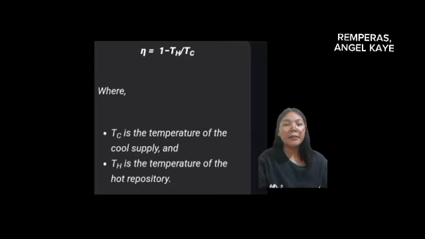The Carnot cycle can be represented on a temperature-entropy graph as a closed cycle. The efficiency of the Carnot cycle is determined by the equation n equals 1 minus Tc divided by Th, wherein Tc is the temperature of the cold reservoir and Th is the temperature of the hot reservoir.